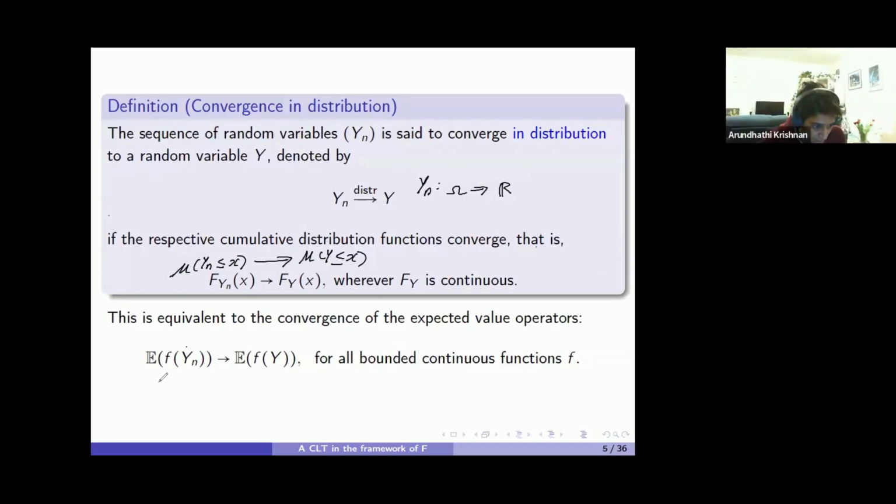And in particular, it will also mean that if I take the d-th powers of Y_n, the expectation of Y_n to the d will converge to the expectation of Y to the power d for all d in N. I'm going to come back to this condition because we'll use it to define convergence in distribution in the algebraic context.